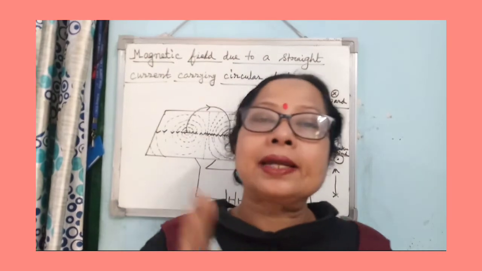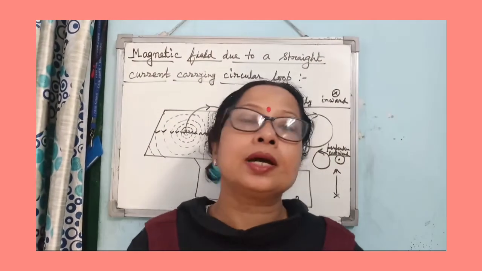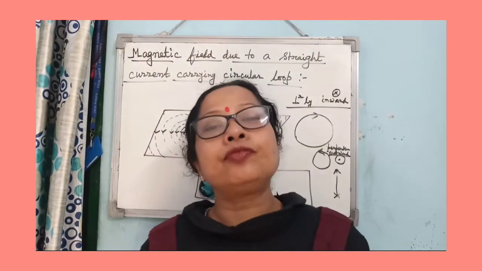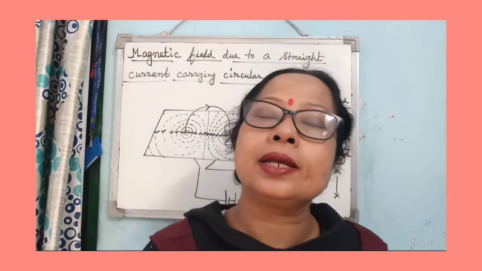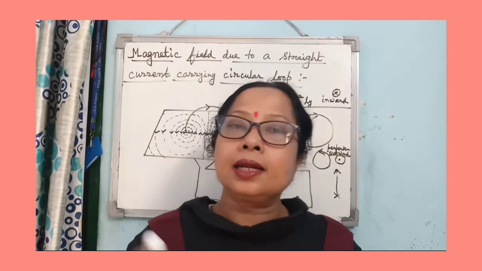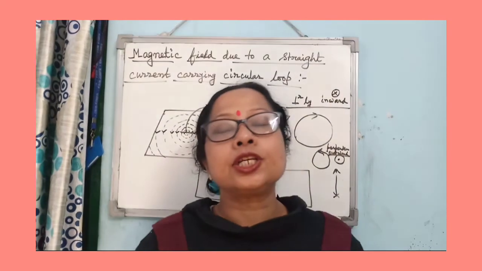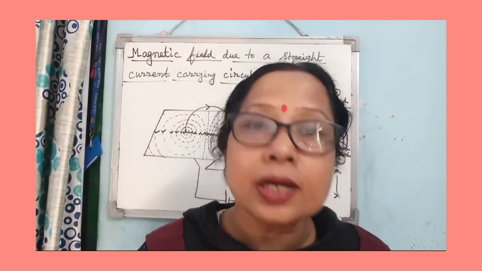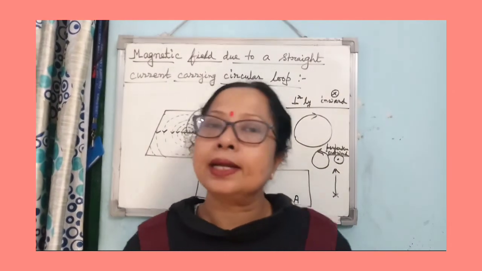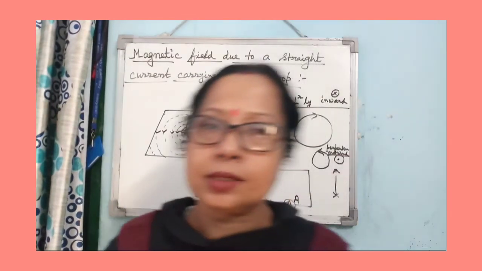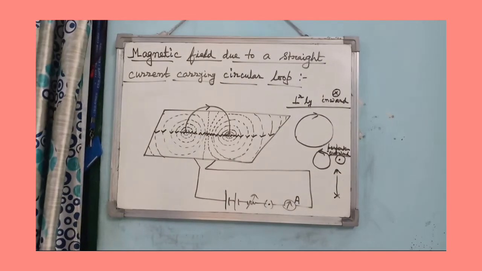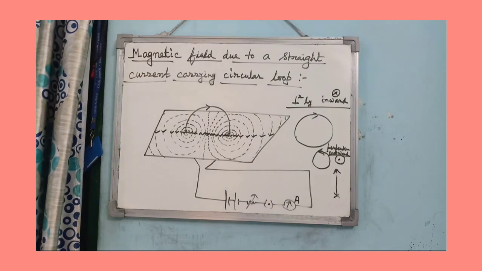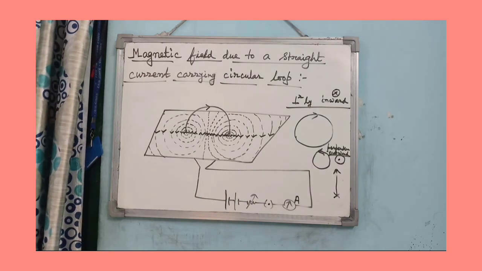Next, the magnetic field depends on the number of turns of the loop: if the number of turns increases, the magnetic field increases, and vice versa. Last point, if the direction of current in the loop is reversed, then the direction of the magnetic field is also reversed. So these are all the important points you are supposed to learn, write and remember.